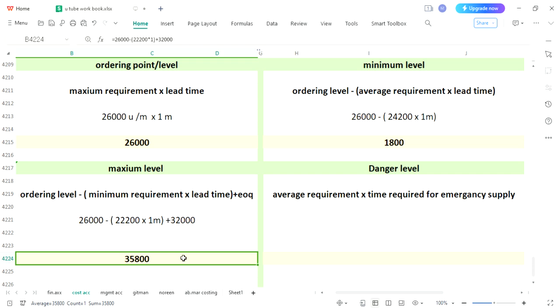Instead of getting any benefit from units more than 35,800, we will be facing problems. So maximum stock level should be 35,800. Danger level was not asked. In this way, we have reviewed our question, answers are matched.